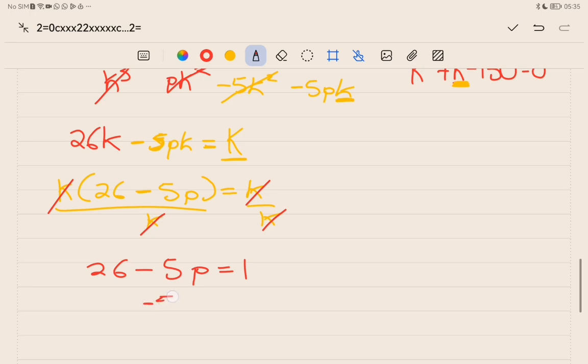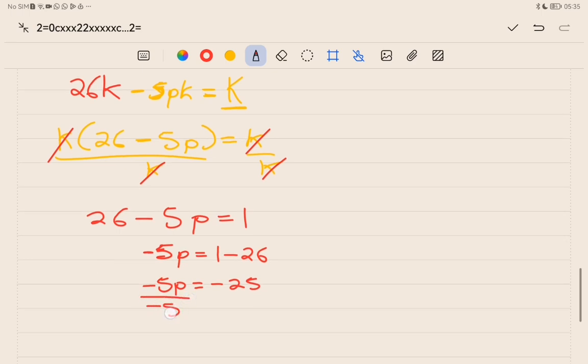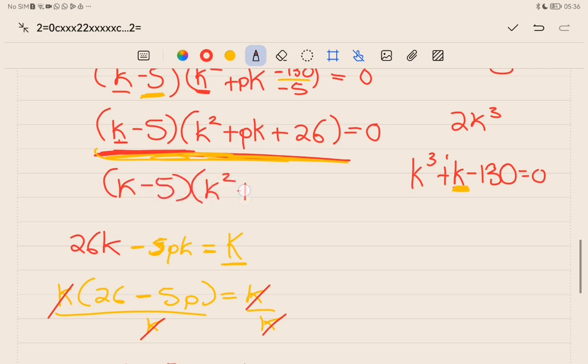Then you can transpose 26. 1 minus 26 is negative 25. Then here you divide both sides by negative 5. Then you get 5 as your answer, meaning that p is 5. Then your equation now is k squared plus 5k plus 26.